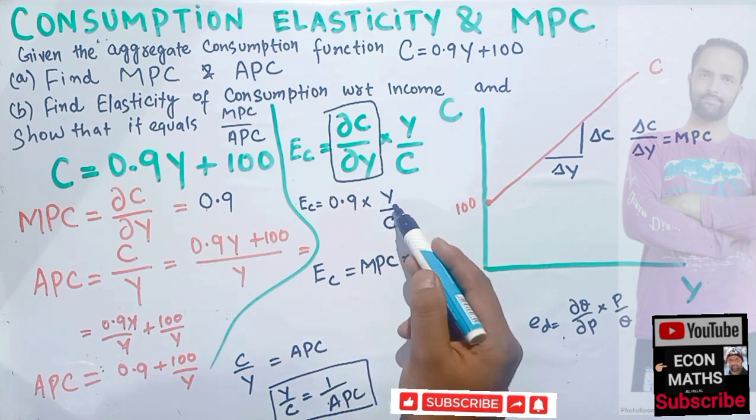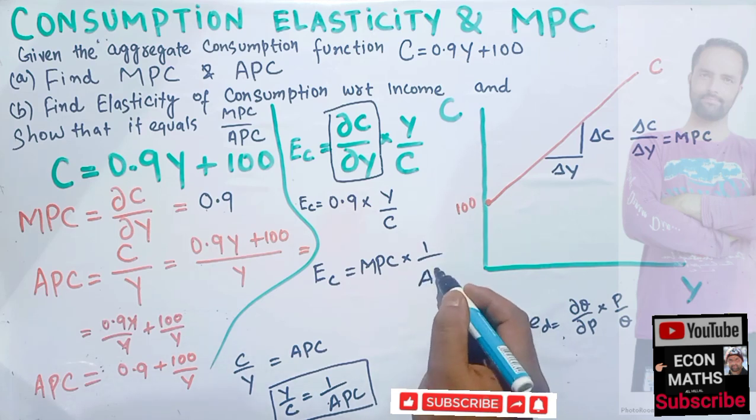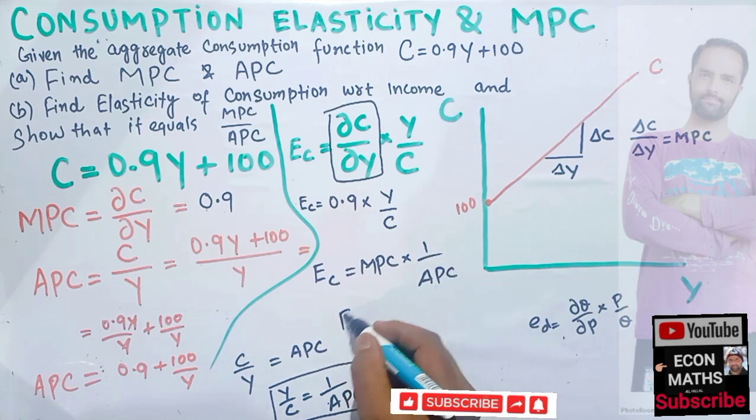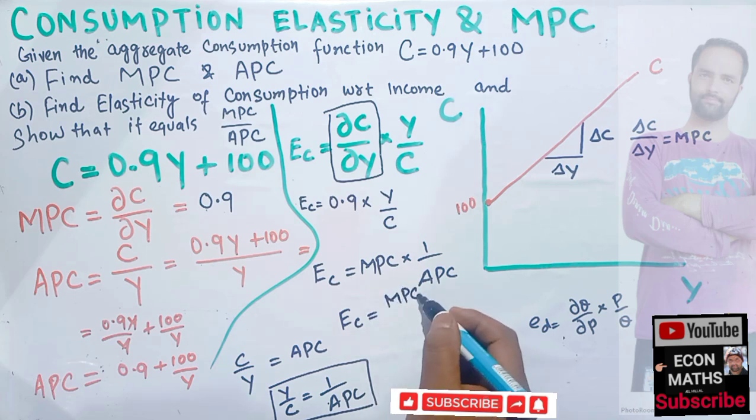So in place of Y upon C I can write 1 upon APC. That means the elasticity of consumption is equal to MPC upon APC.